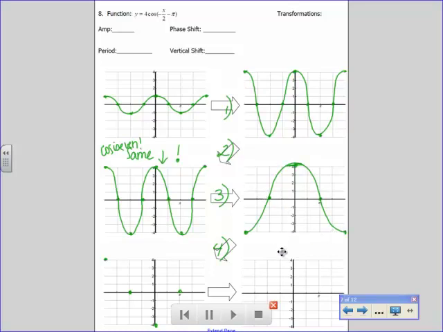And then continue the wave to finish the function. Once you've drawn all your points, connect them again with a nice smooth curve so that you can get that lovely cosine wave happening. And you will have your final graph for this function. We do not need the 6th graph space.